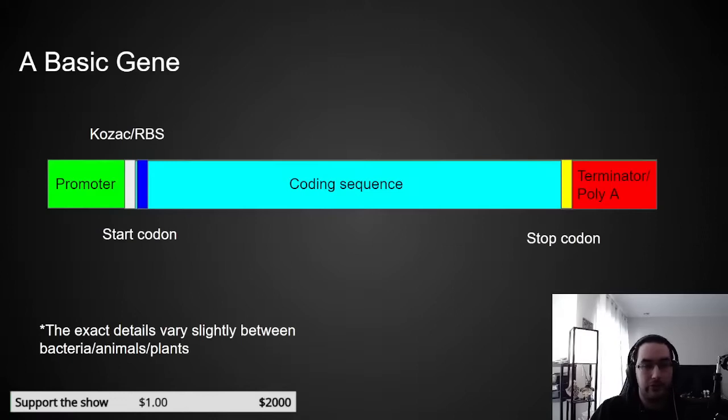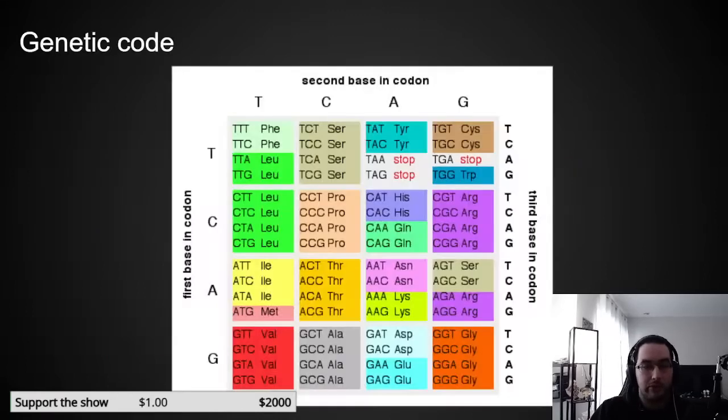So again, this is the basic gene, just as a quick reminder. I talked about the start codon and stop codon. Well, these are codons. All DNA is broken up into 3-letter sections called codons. And specifically, this only applies to protein coding sections. So like a promoter, the letters can be anything.